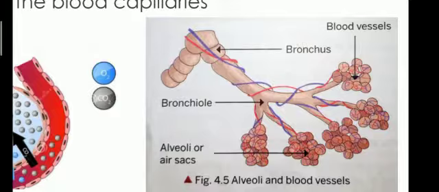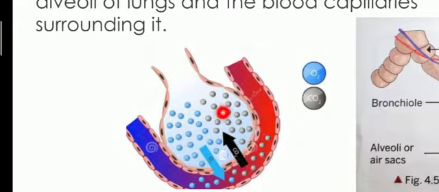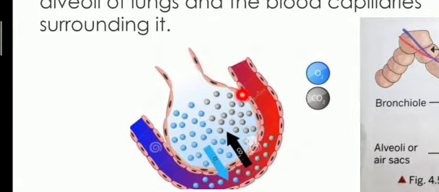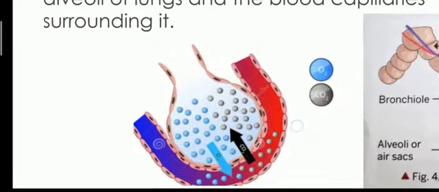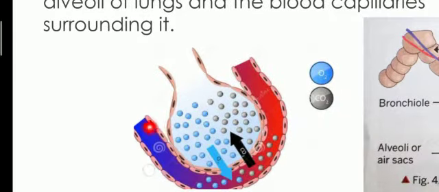Now if we take one alveolus as an example, and one entangled blood vessel, you can see the blood vessel brings deoxygenated blood to the lungs. Deoxygenated blood means what? That is the blood which contains carbon dioxide.